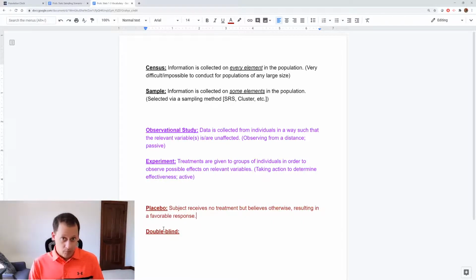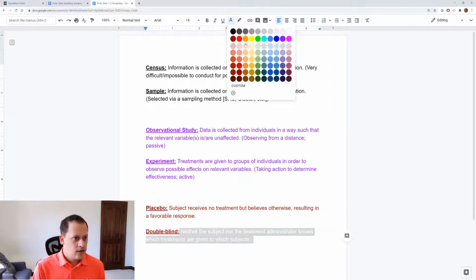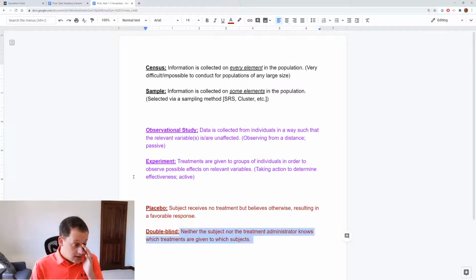A double-blind study or experiment, you might be able to parse out, two groups of people don't know what treatments are being given to whom. The subjects don't know, but someone else doesn't either. And it turns out, for a double-blind study, neither the subject nor the treatment administrator, whoever's giving the treatments, knows who's getting what.